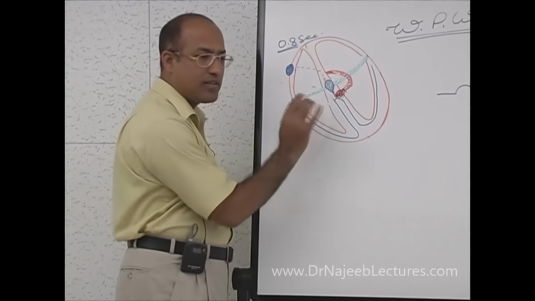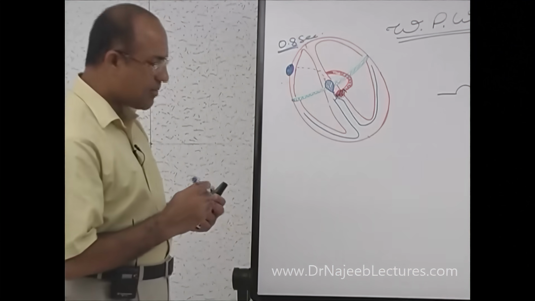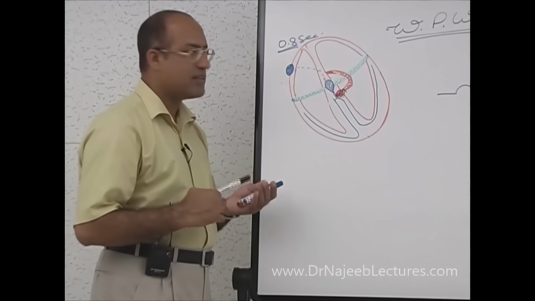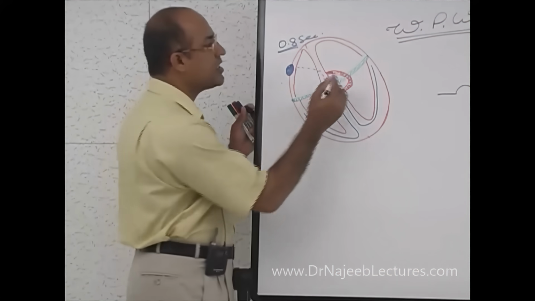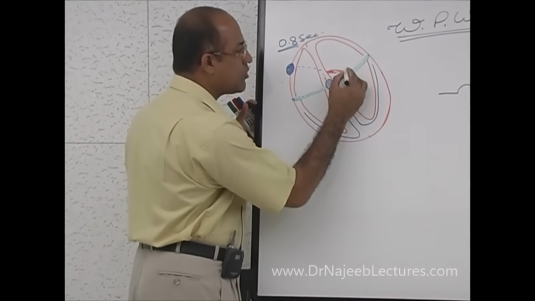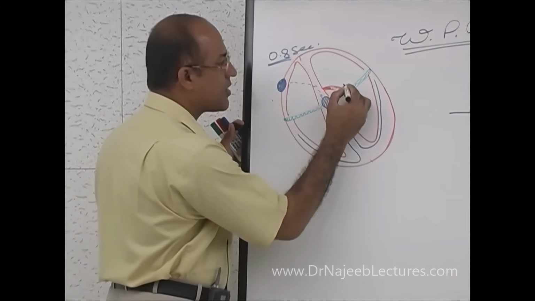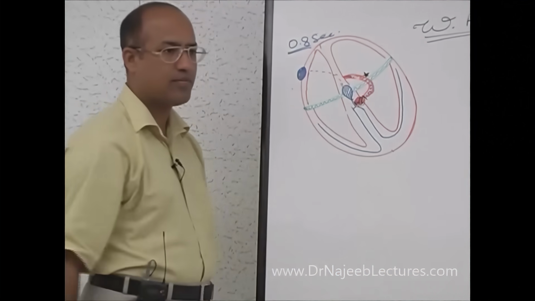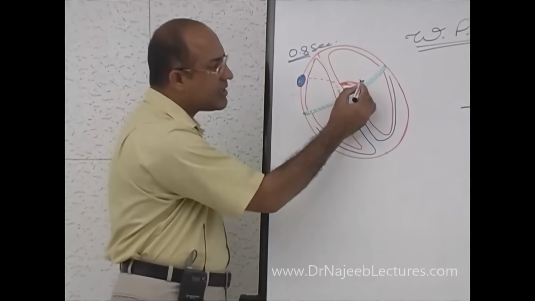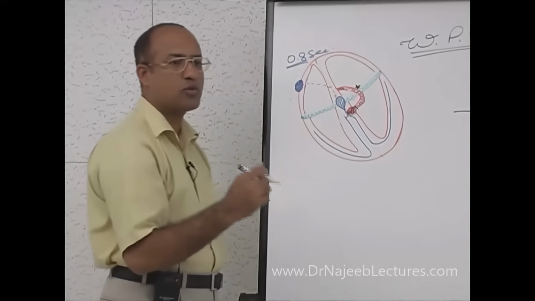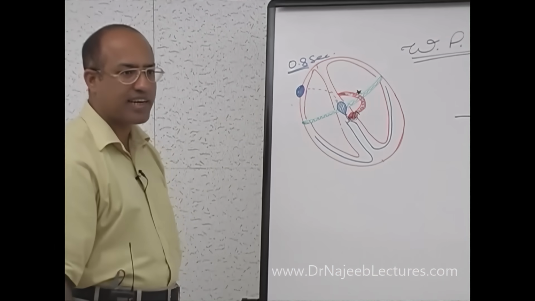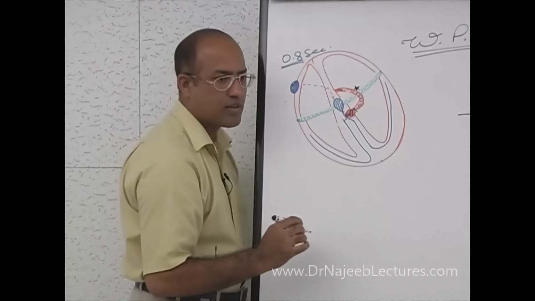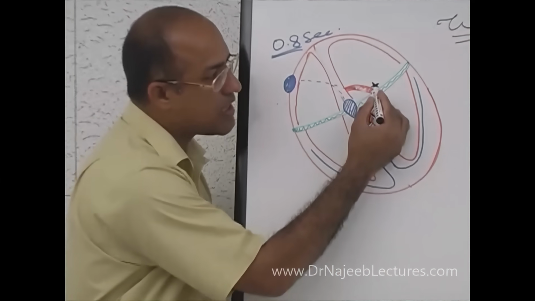Now, let's imagine this patient has taken caffeine, and due to caffeine he develops an irritable focus. Look here, he develops an irritable focus here. This star is showing an irritable ectopic focus due to caffeine or some other sympathomimetic activity, and it produces an abnormal current.